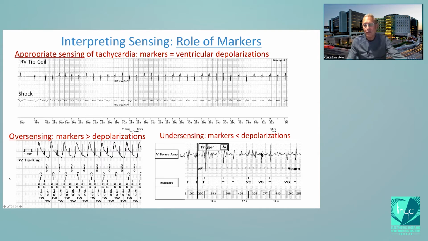Here's an episode of ventricular fibrillation, which is not being sensed reliably because we now see more electrograms than markers. So from an operational perspective, if you want to know if sensing is appropriate, if there's oversensing or undersensing, you should focus on the marker channel.